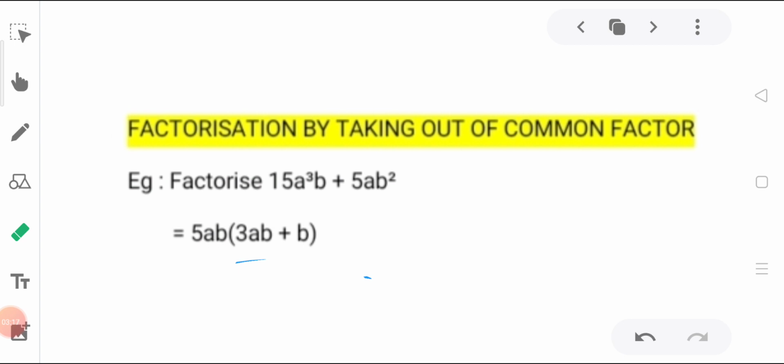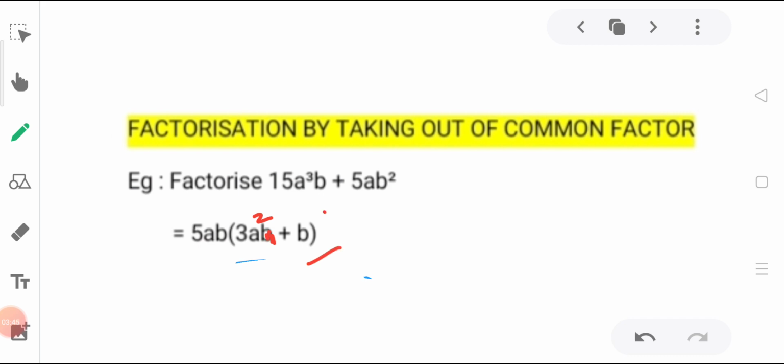We can see that a and b both are common, and the minimum power is always taken out. Suppose here is written a cube; then a is common, so a square should be here. I haven't written it, sorry for that. So 3a square b is there. One more thing, there shouldn't be b here because there is only b.